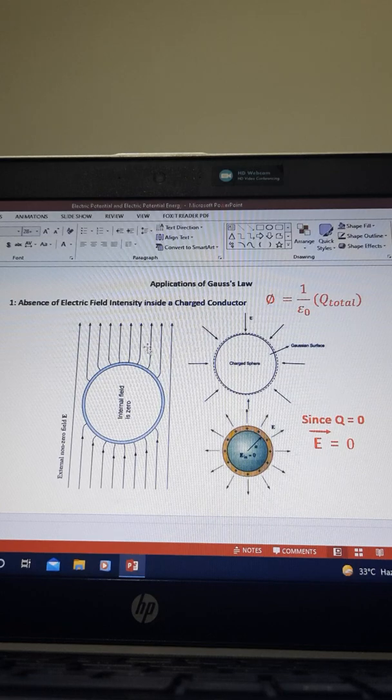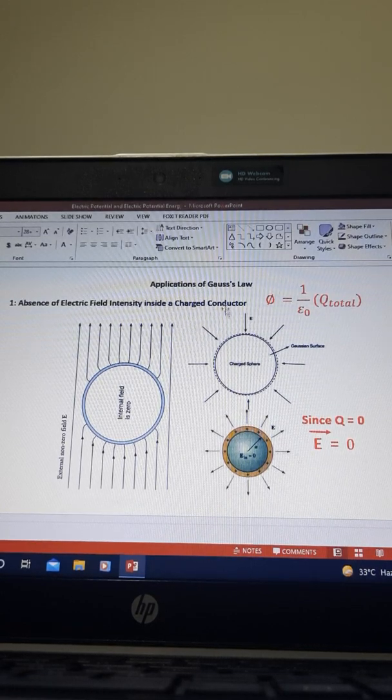In the first application, you studied the electric field intensity at the interior of a charged conductor, and you have proved that the electric field intensity is actually absent. So you proved that charges can't reside in the interior of the conductor, rather they tend to accumulate at the surface. We have also discussed the reason behind all this.